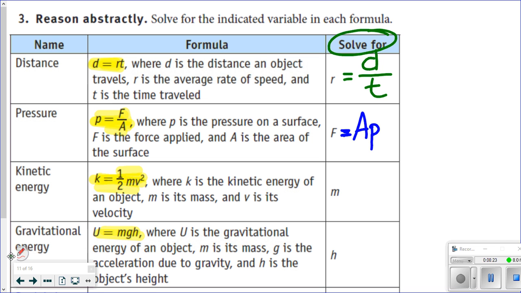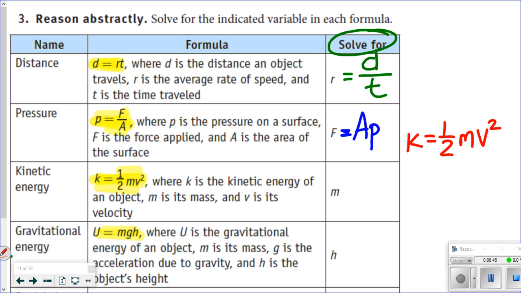The next one, K equals 1/2 mv squared. We're solving for m. So m is being multiplied by 1/2, and m is being multiplied by v squared. So we're going to do the opposite here.